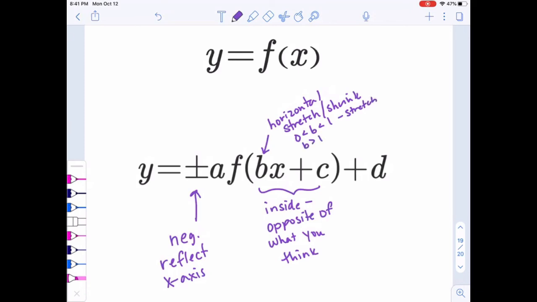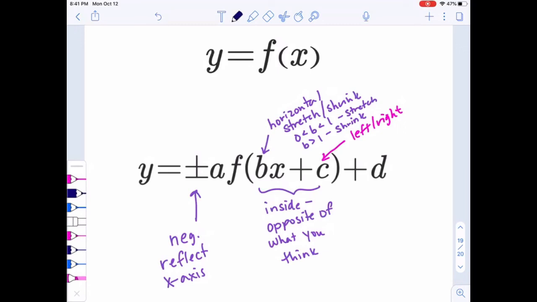And if b is greater than 1, that's where it's going to shrink. This c value is what is going to make it go from left to right. That takes care of all the horizontal left and rights.